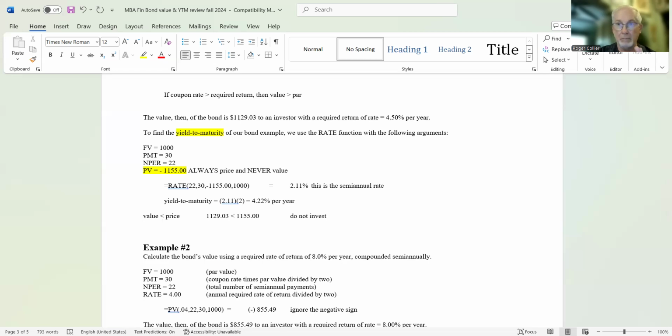At the same time, the expected return or yield to maturity is less than the required return. Right, our expected return, that's the yield to maturity, was 4.22%. And that's less than the required return of 4.50%. So we do not invest.